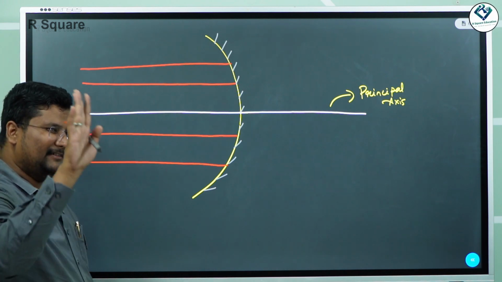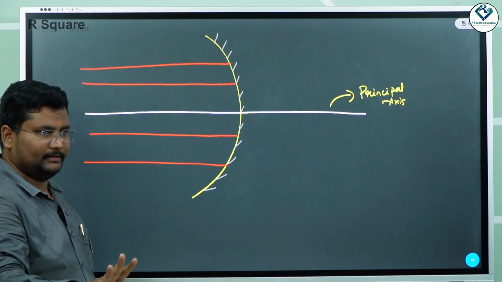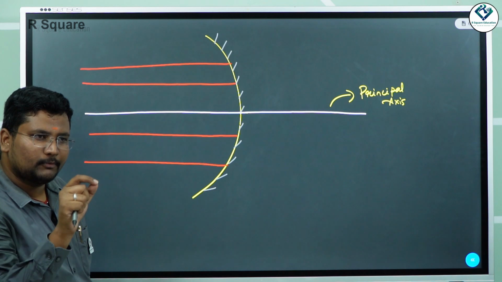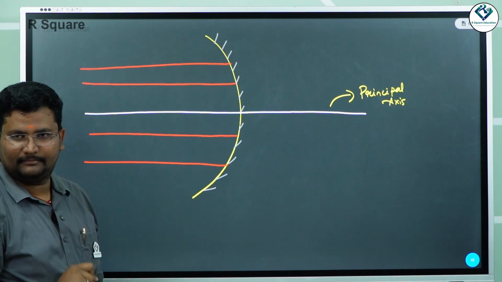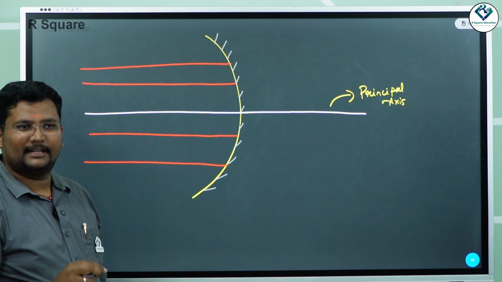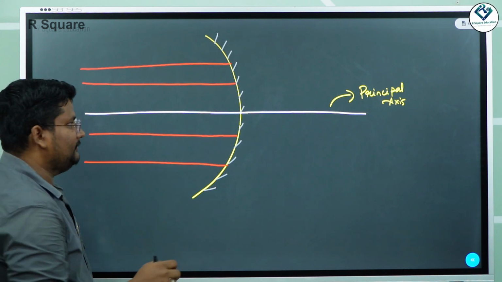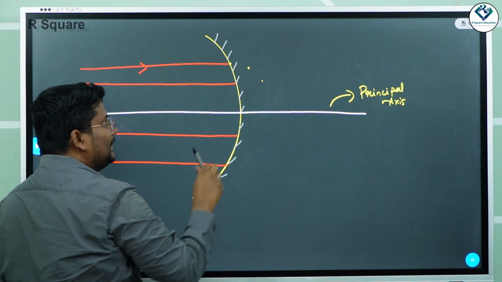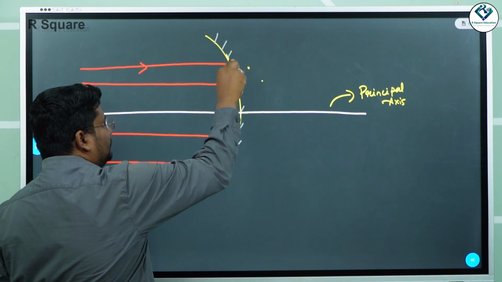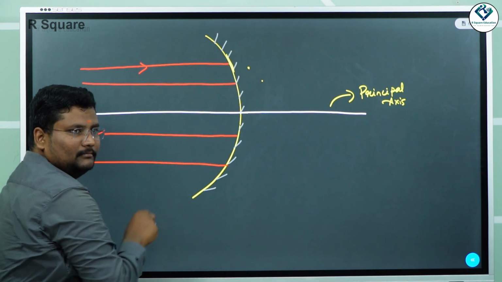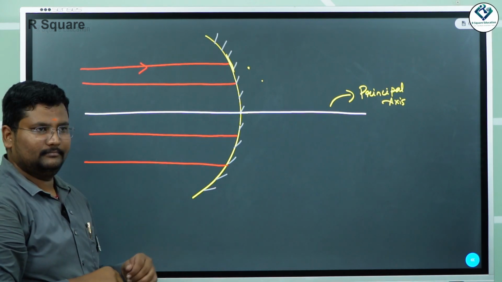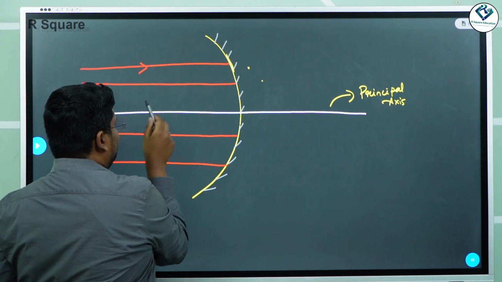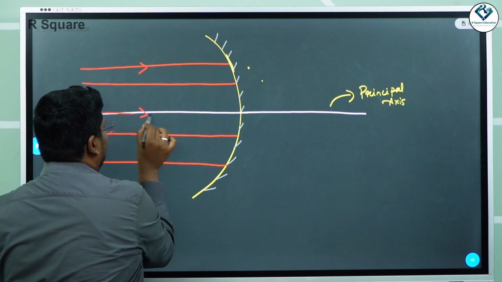Always keep in mind, every spherical surface is made of small plane mirrors. We consider it as a tangent. Say for example, if a light ray is incident at this point, let me draw a tangent here. Then it will look like a plane mirror at some angle. Imagine this is the light source, and light also comes from this side.